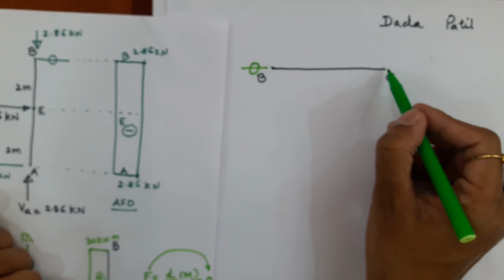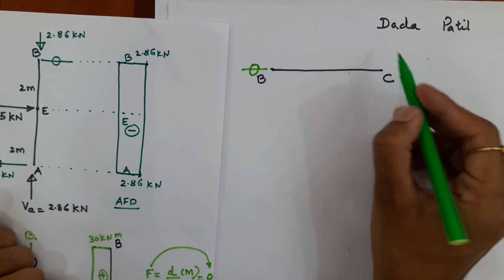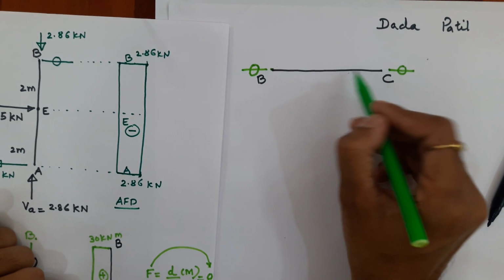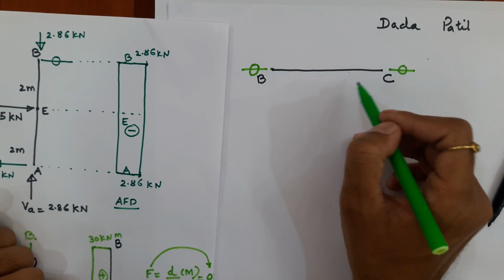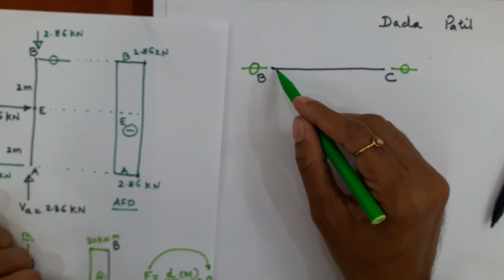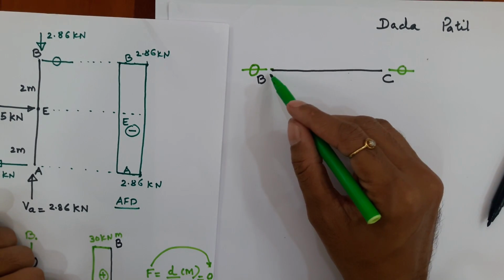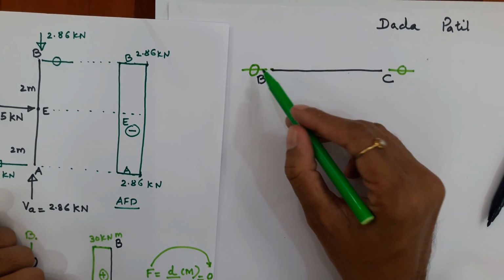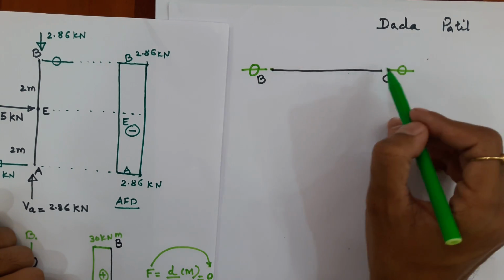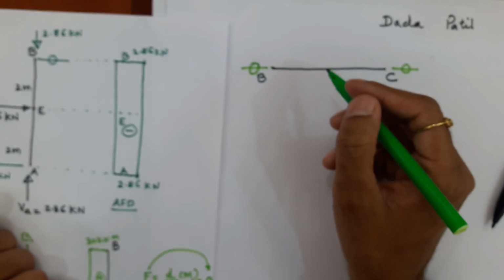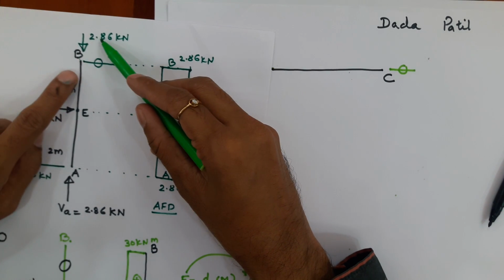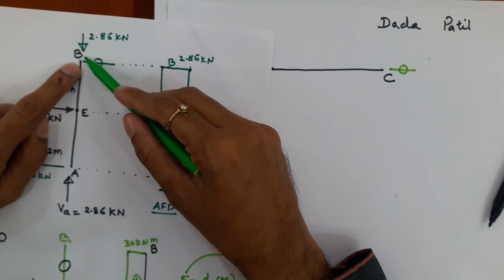Now again at C, this must be 0 because if BC is to be in equilibrium in the horizontal direction, I mean if you want the summation of effects to be satisfied for element BC, and if this horizontal reactive force is 0, this must be 0. Now again going back to this 2.86 kilonewton in the downward direction at B.